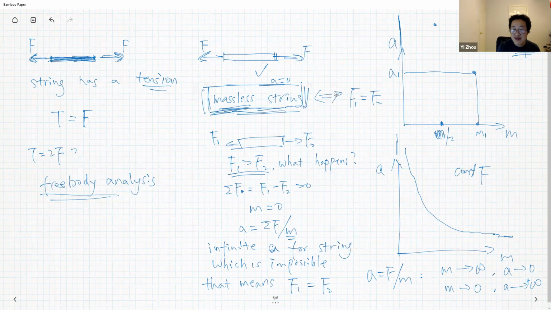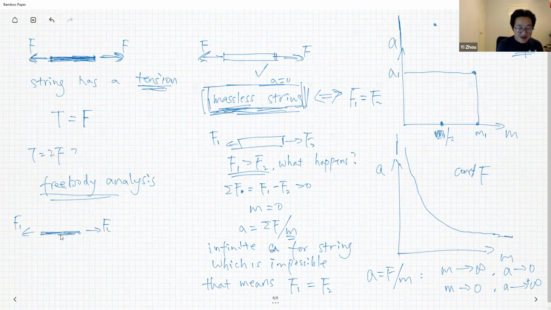Okay, so that's why we can have this definition of tension, right? Because if we have a string where the left side and right side have different forces, how do we define the tension? Is the tension F1 or F2 or anything in between?